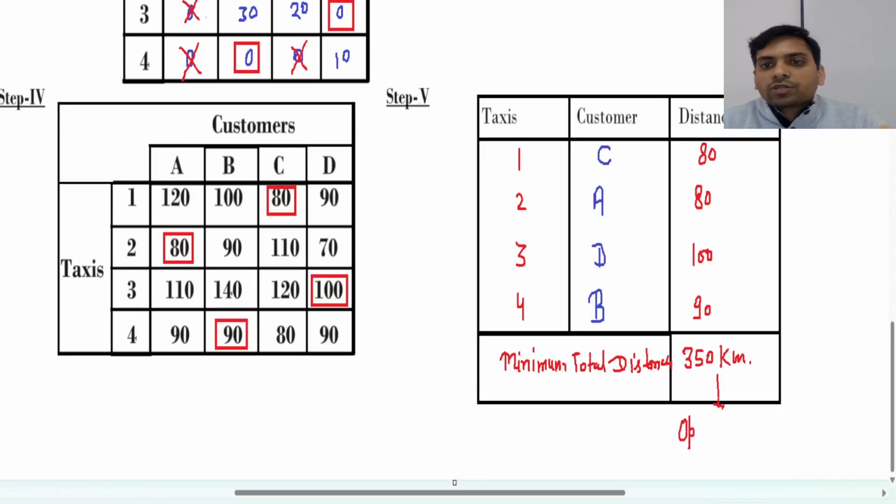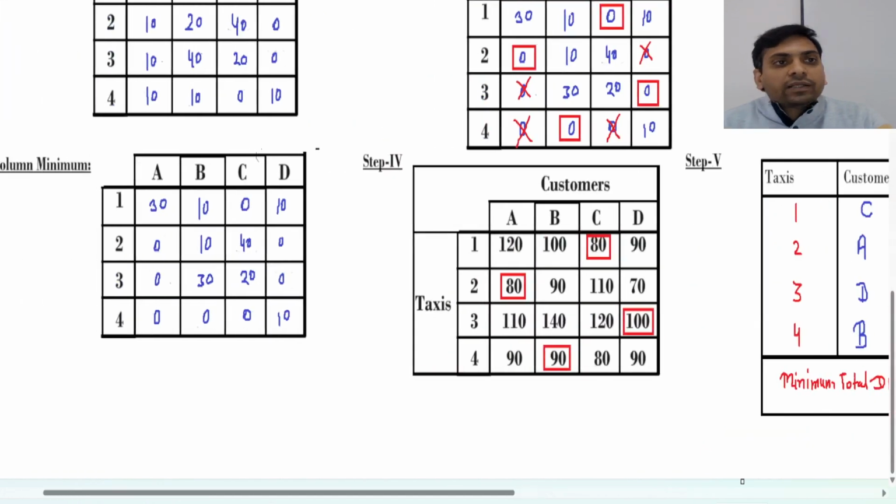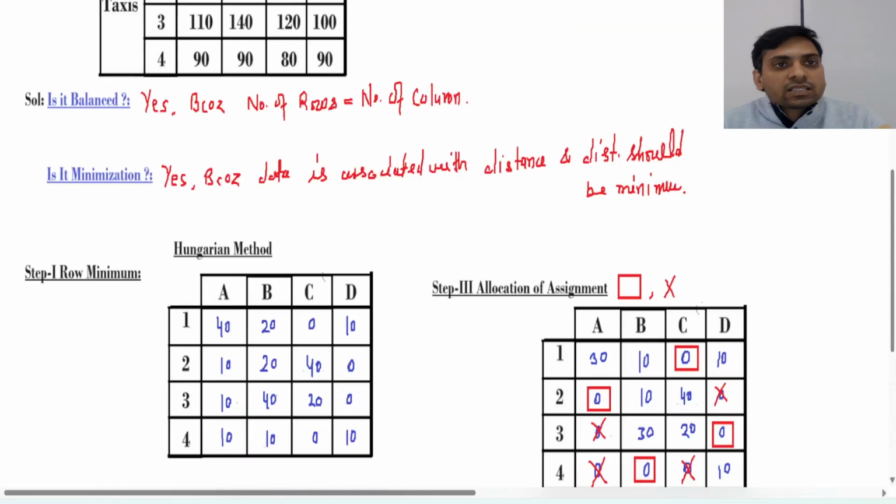This is also known as optimum or optimal distance. So this is the overall unbalanced assignment problem, and this is a very simple case.